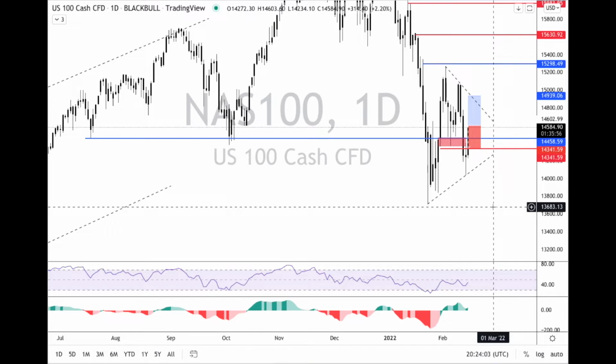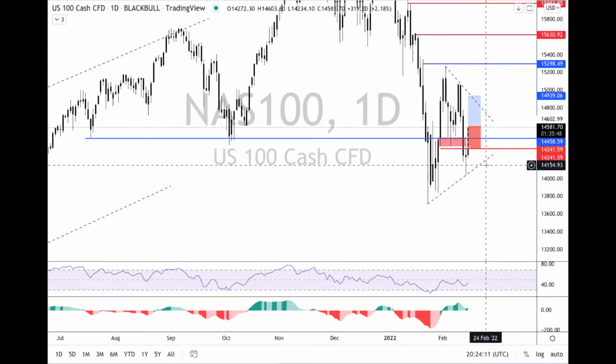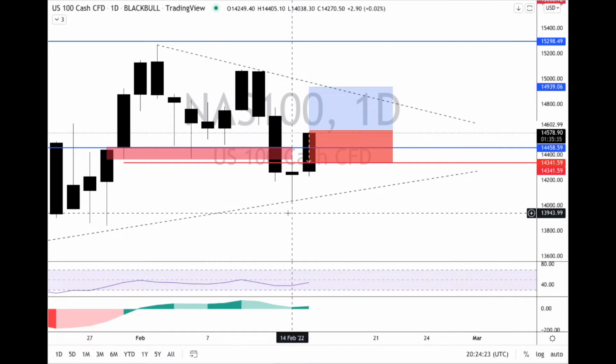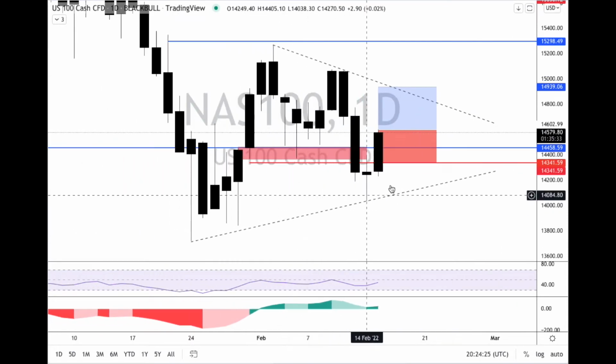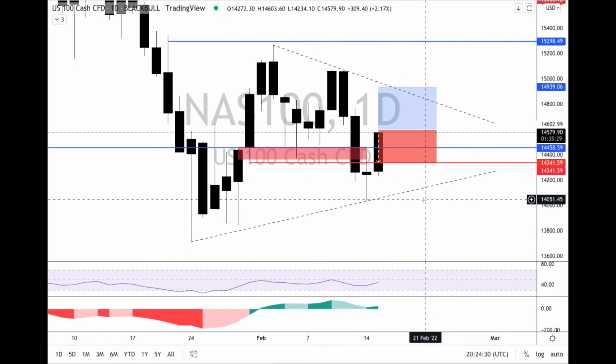So now I've got a fake. Should I enter and hope for the best, or should I put a pending buy order at this level right here, in hopes that it pulls back and I catch it?